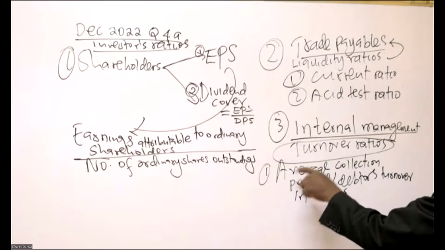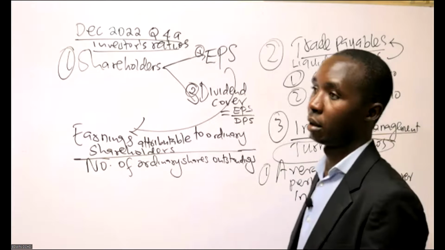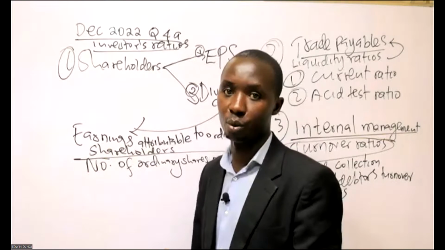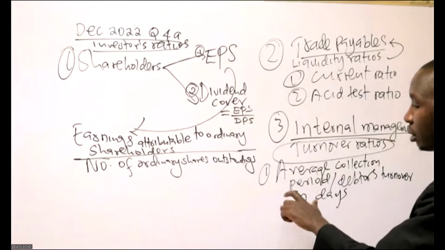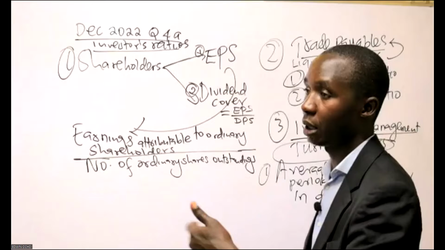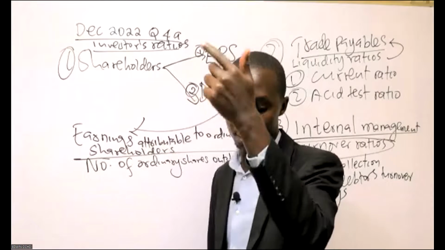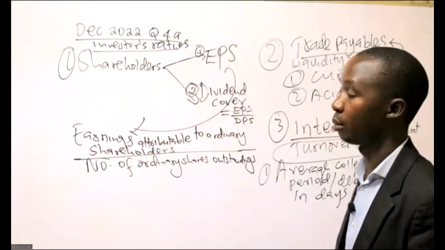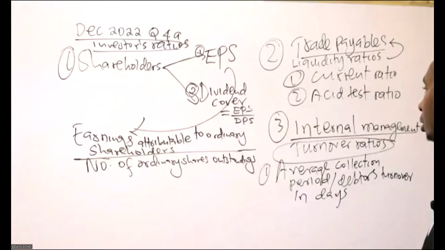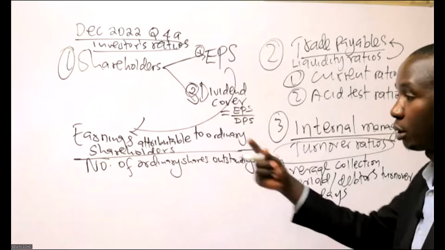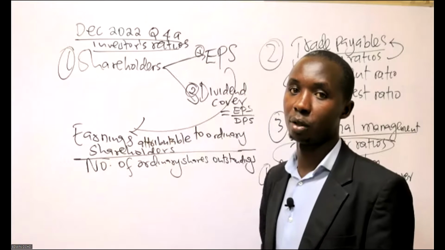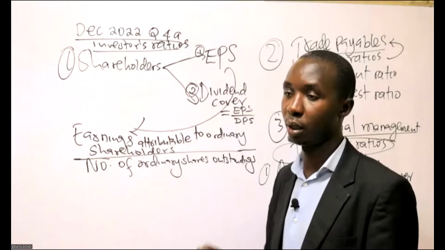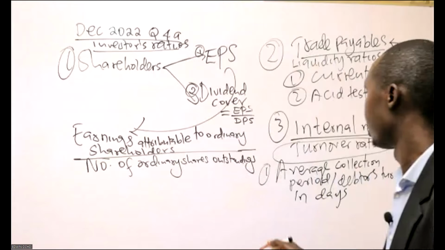So are we in a position of collecting our debtors balances in the shortest time possible? That is why we do this, to test that. In which period will it take us to collect balances from the debtors? That is the work of management, to make sure that we have money. So they have to do the collection as early as possible, using the least days.